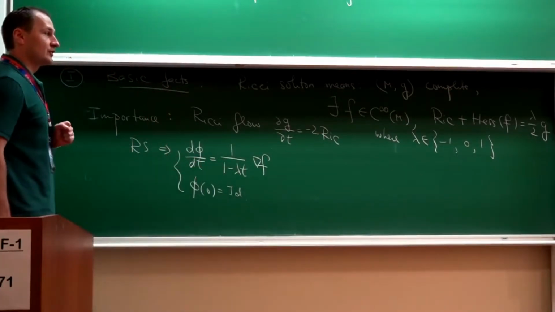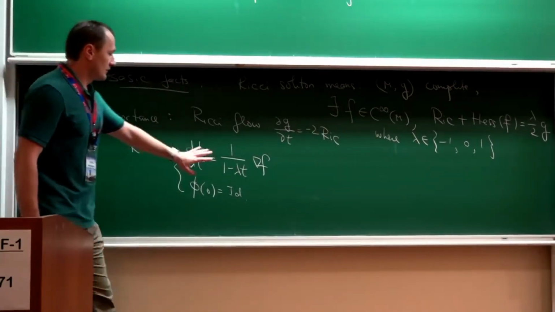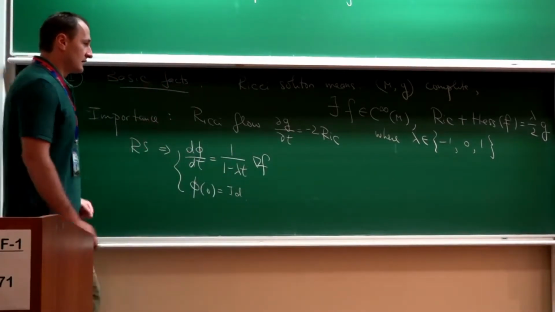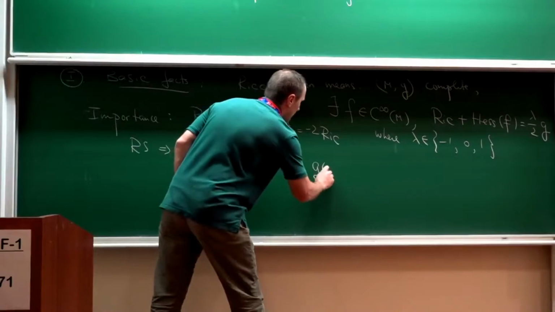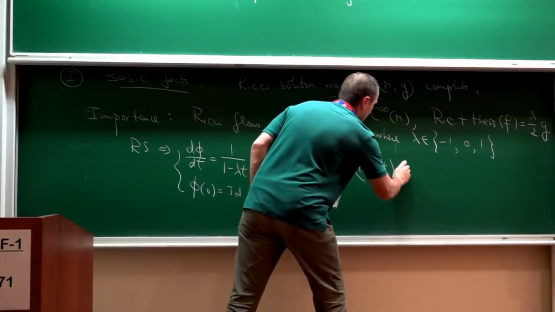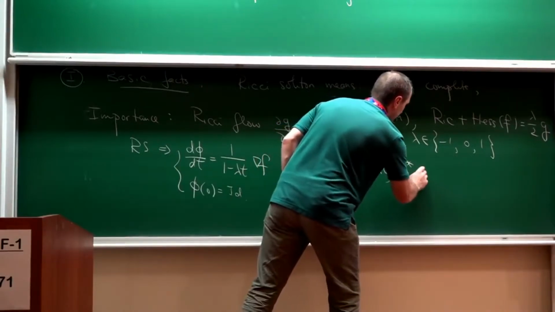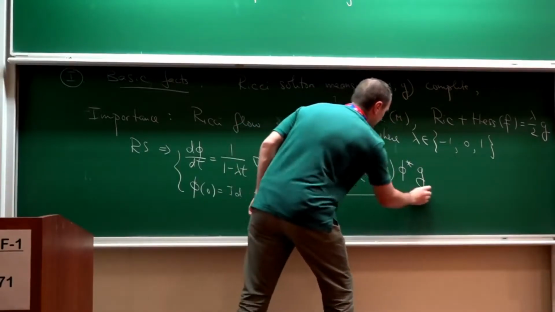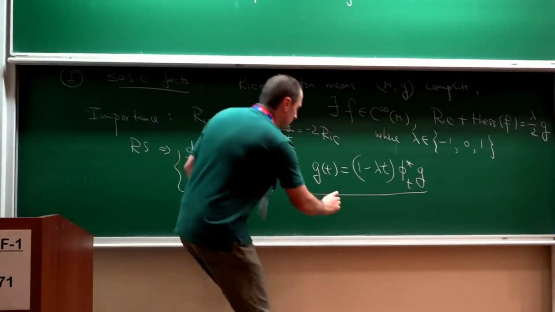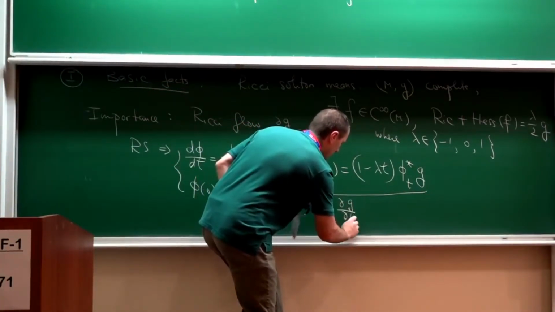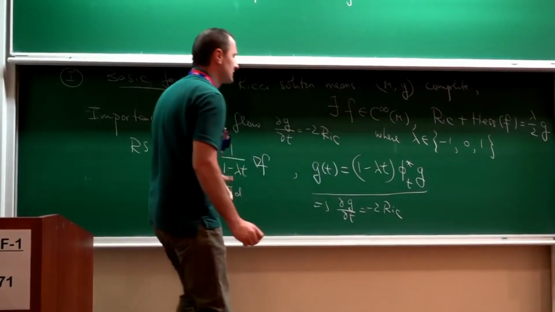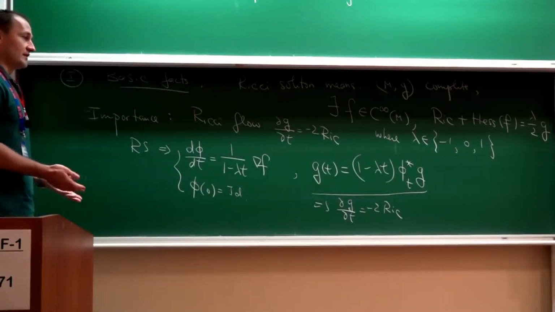So that would be called an ancient solution. If lambda is 0, of course, this will be defined for any t. So you take this and then define g of t this way, then this is a solution of the Ricci flow. So that's the relation. These are called self-similar solutions.